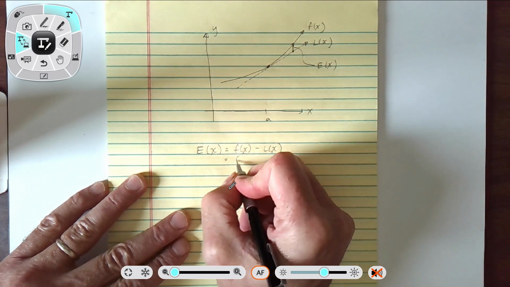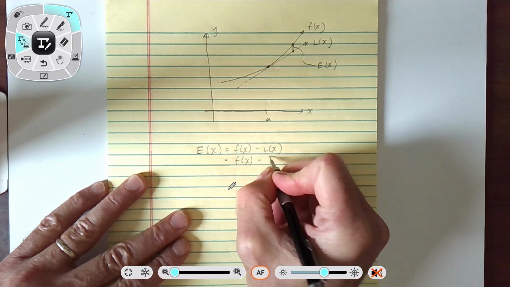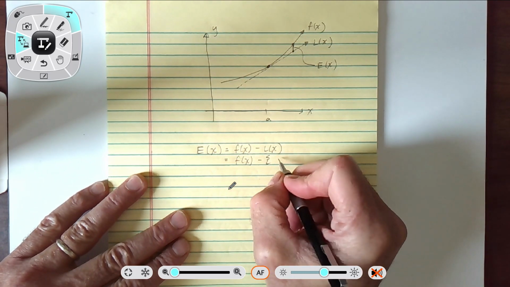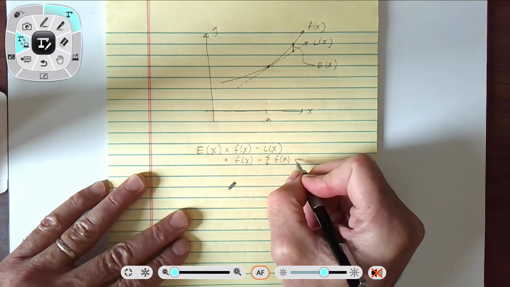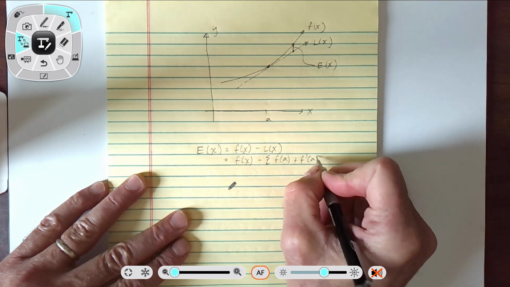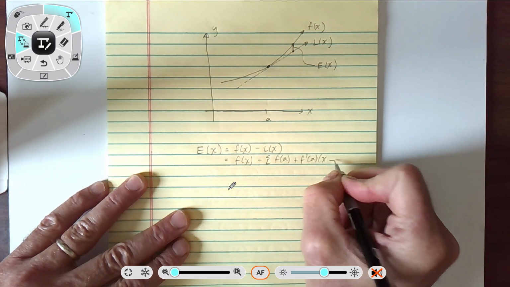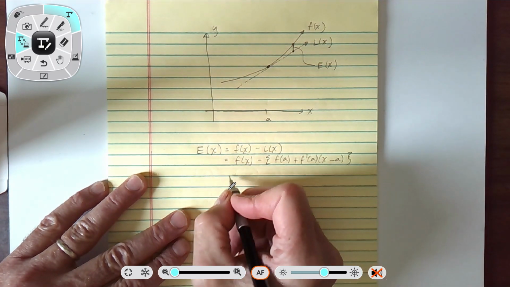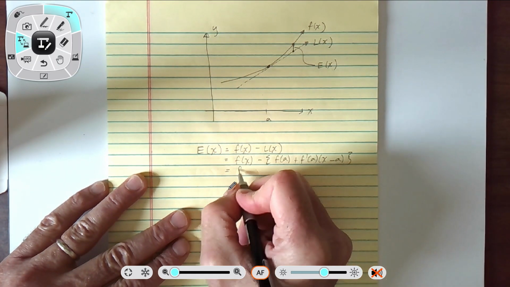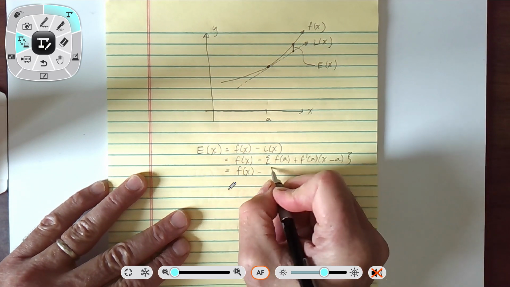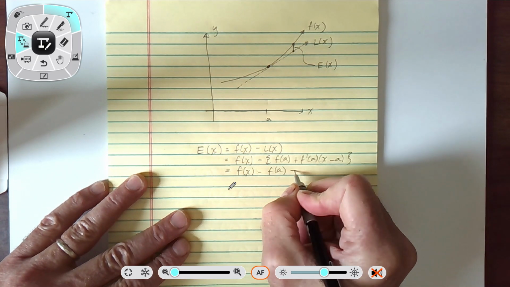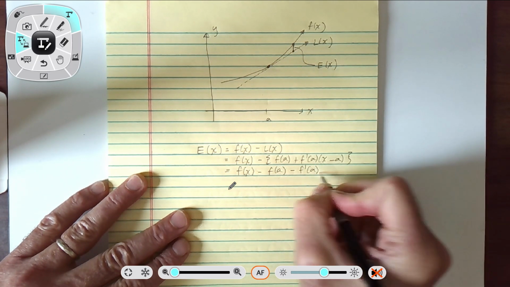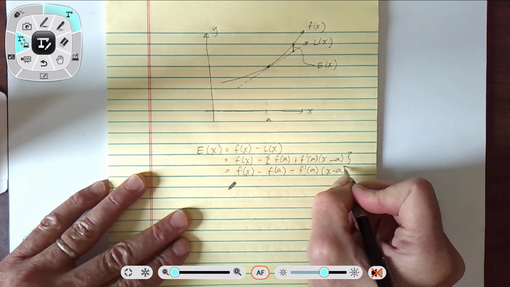Plugging in what L of x is, we'd have f of x minus {f of a plus f prime of a times (x minus a)}. So if we subtract the whole thing, we end up with f of x minus f of a minus f prime of a times (x minus a).